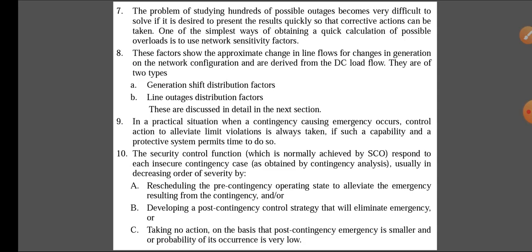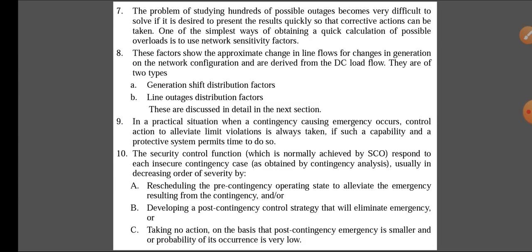If there are 100 possible outages, it is very difficult to study them all. If we could give the results of these outages quickly, it would help us take corrective actions immediately. So how can we do this?